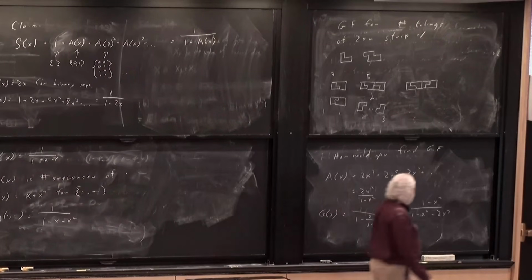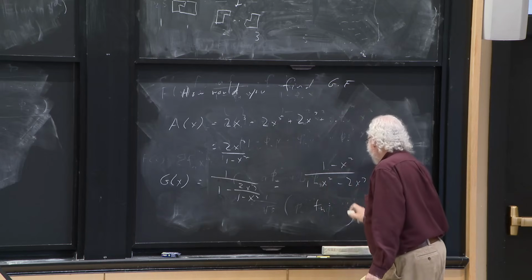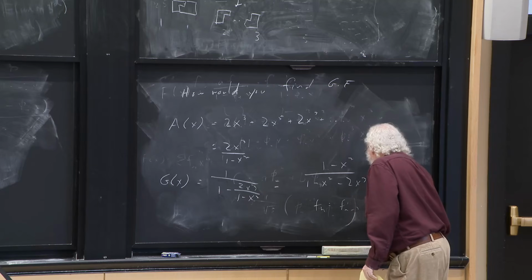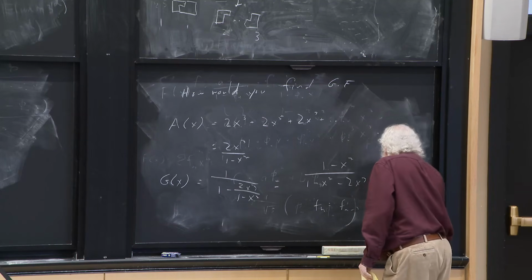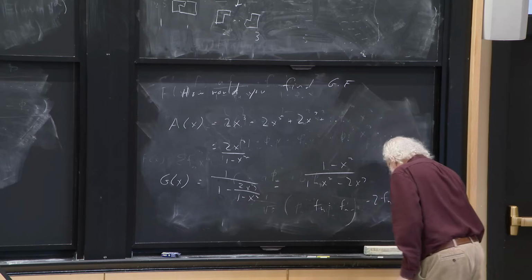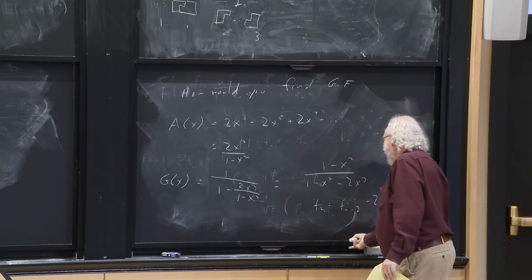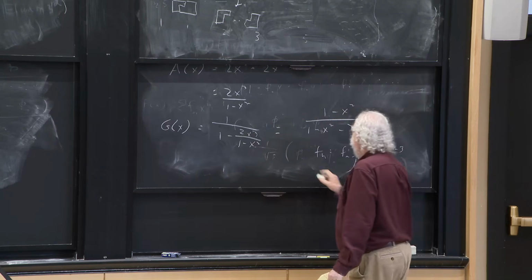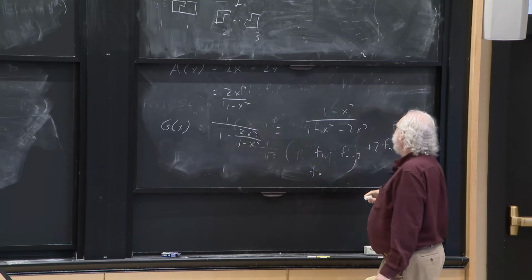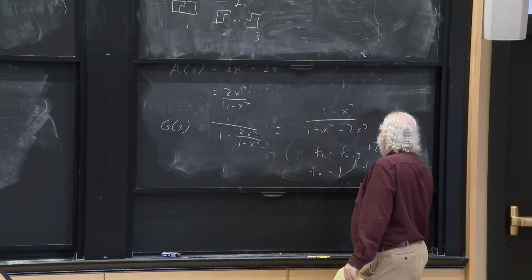So this is going to be Fn is equal to Fn minus 2 plus 2 Fn minus 3, and the initial conditions are f0 equals 1, and f2 equals minus 1.